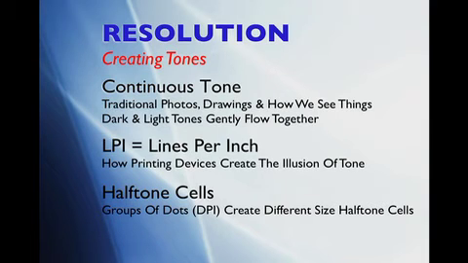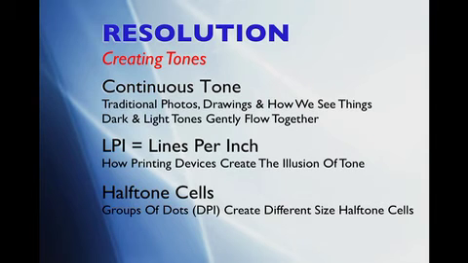But if we look under a magnifying glass, just look at some pictures in a newspaper or a magazine or any brochure or book, and you will see, if you look closely, that there's really a bunch of dots and halftone cells that give us the illusion of continuous tone.